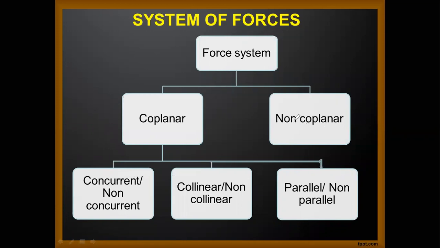So it is a system where the lines of action meet at a single point, but the forces are acting from different planes. Some forces might be acting from the x plane, and some from the y plane, but they are meeting at a single point. That is called a non-coplanar concurrent force system.